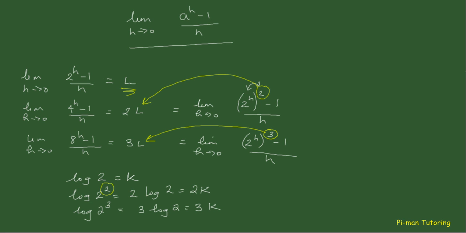We're increasing the exponent of the number we're operating on with this function, and the result we're getting is just a multiple of the base function. So it appears very much as though this function up here has logarithmic properties. And so let's just write that this is the log in some base, we don't know what that base is, of a.